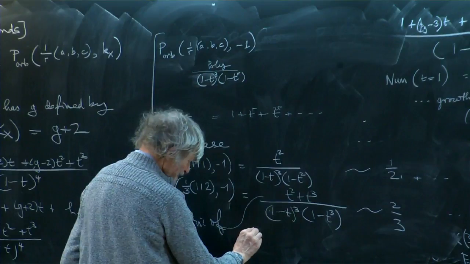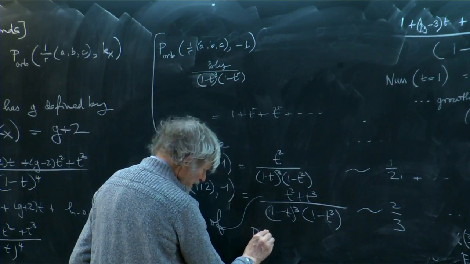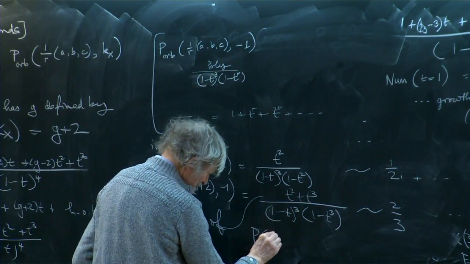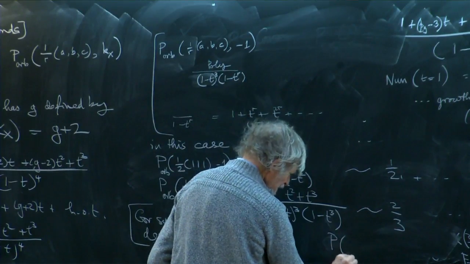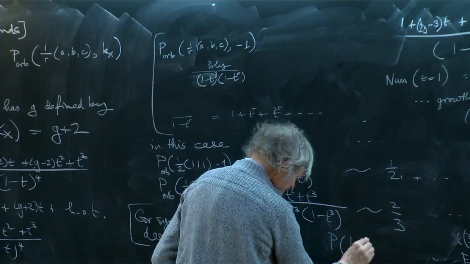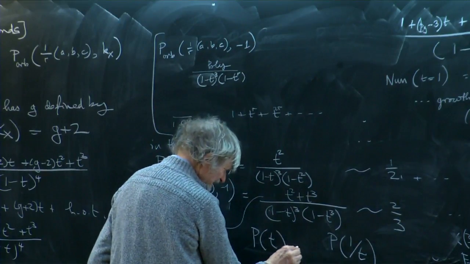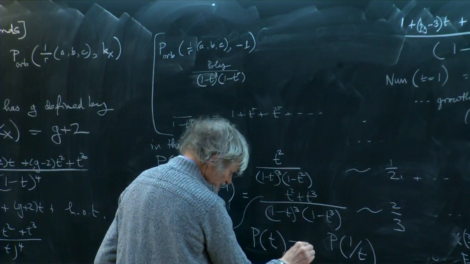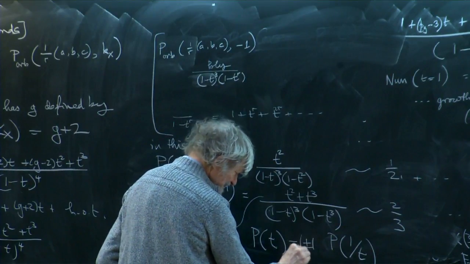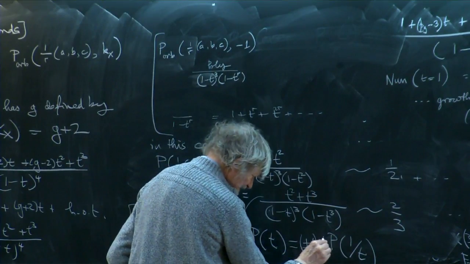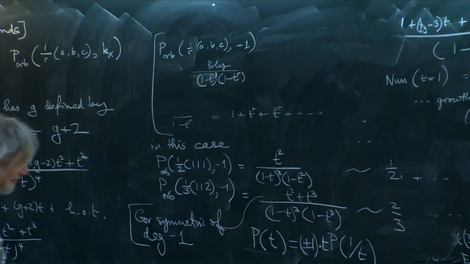It means if I compare P of t and P of 1/t, right, I get here a sign which is plus or minus 1, and then a power of t, and now we have to think which the plus or minus 1 is.